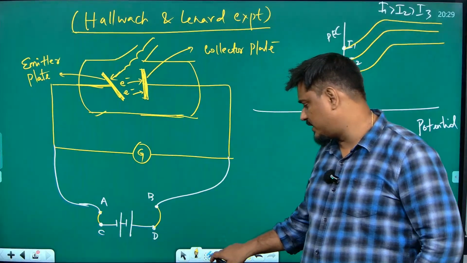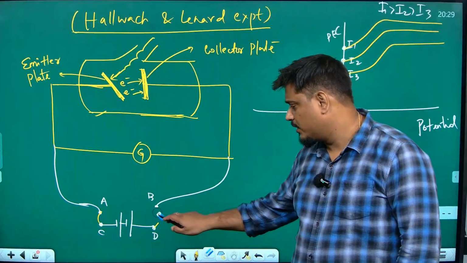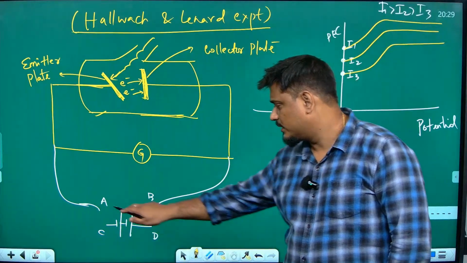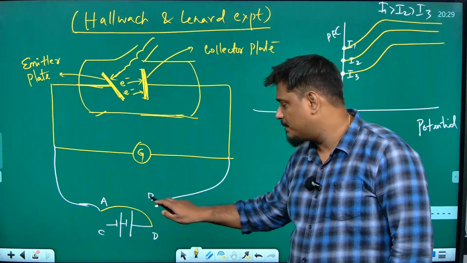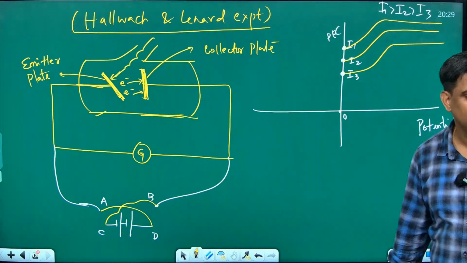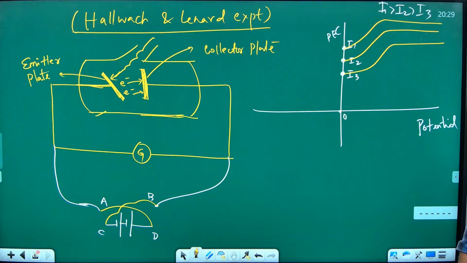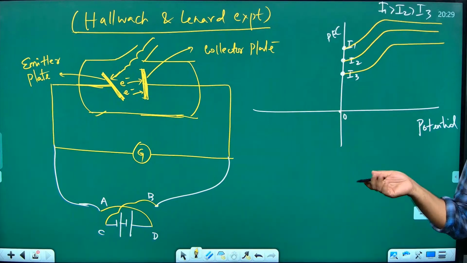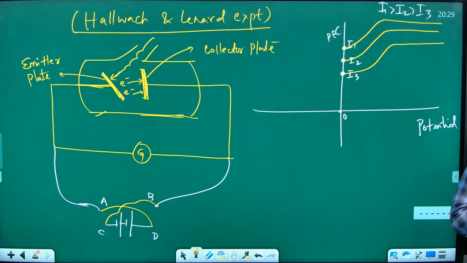If you reverse the connection, you want to give a connection like A to D and B to C. If I give this connection, what happens? My emitter plate becomes positive, collector plate becomes negative. It is stopping the photoelectric effect.